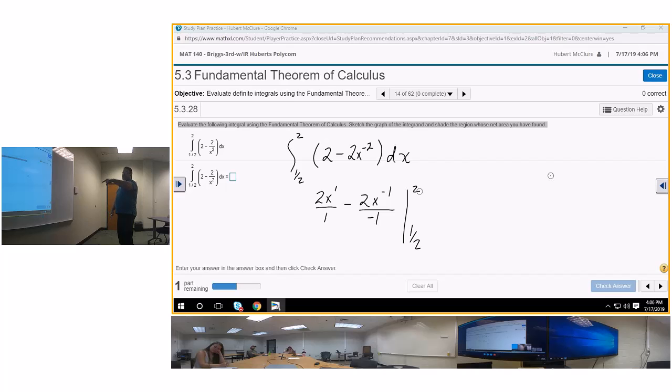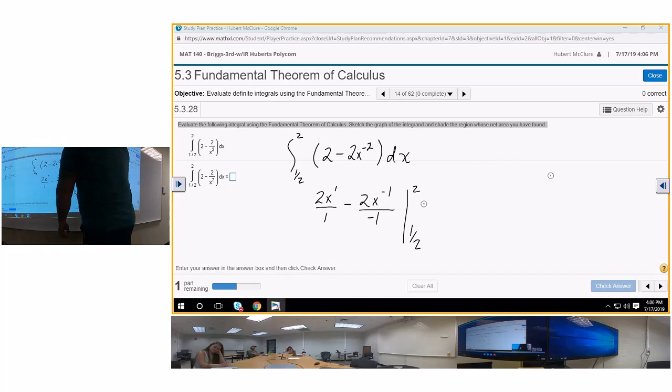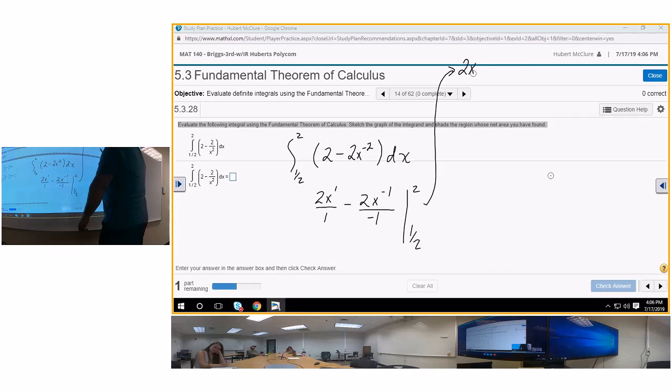What does that negative 1 do to that negative 2? Not a negative. It makes it a positive, and then the x to the negative 1 comes down. So you need to rewrite this, and that's going to be 2x minus, be a plus, 2 over x, evaluated at 2 and 1/2.